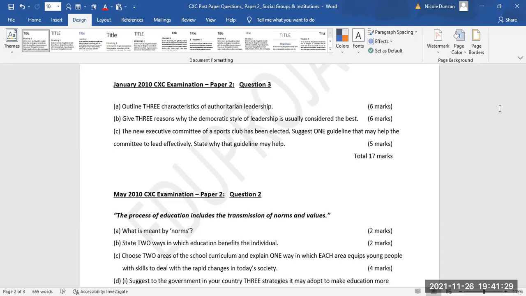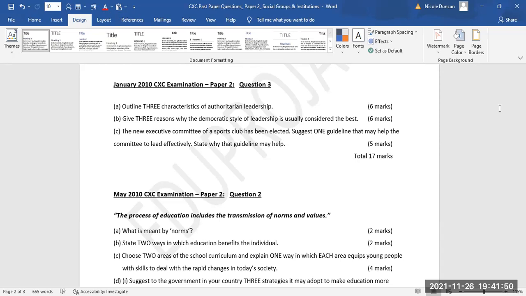Let's go to the final part of this question now. And it asks us, C, The new executive committee of a sports club has been elected. You are asked to suggest one guideline that may help the committee to lead effectively. And we're going to say why that guideline will help.